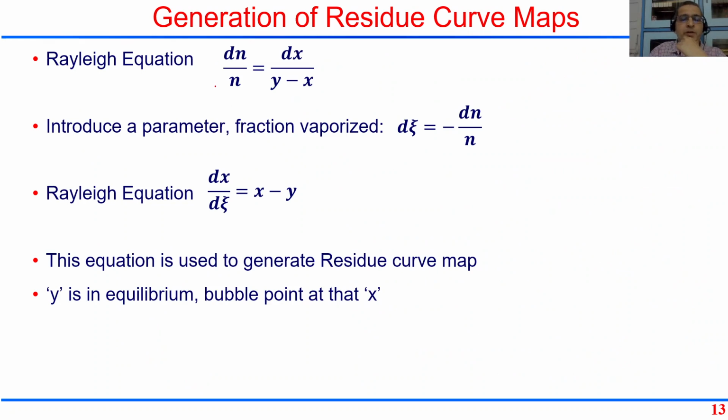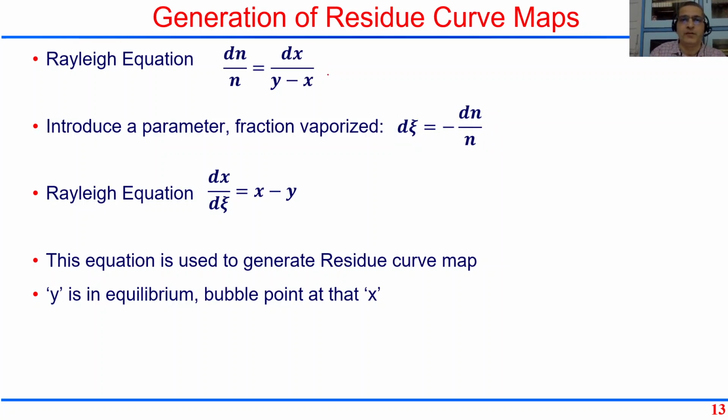We are going to write this Rayleigh equation a little differently. We say d zeta, the fraction vaporized, is nothing but minus dn by n. Remember, if we start with 100 moles and vaporize, let's say, 10 moles, then dn by n is 10 by 100, so 0.1, and the minus sign is there just because we are vaporizing.